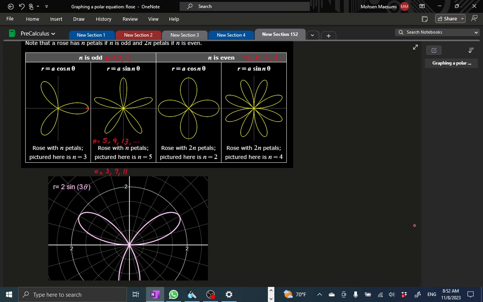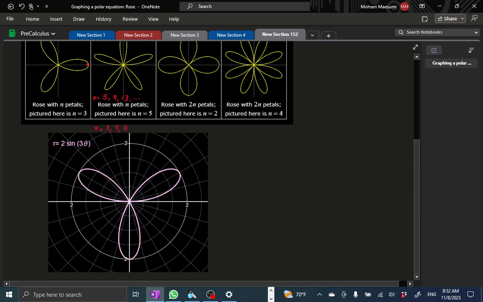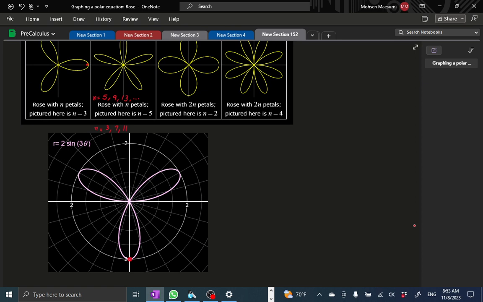For n being odd and using sine, the starting point to orient ourselves is this spot up here. That spot is always up there for the cases of n equal to 5, 9, 13, and so on. For the case of n being 3, 7, 11, we have another fixed spot, which is this point. That point is always on all of those pictures.